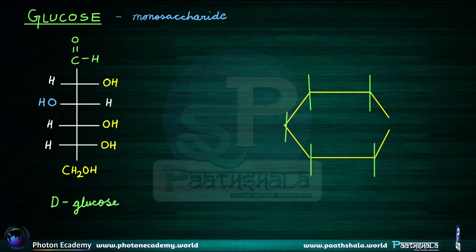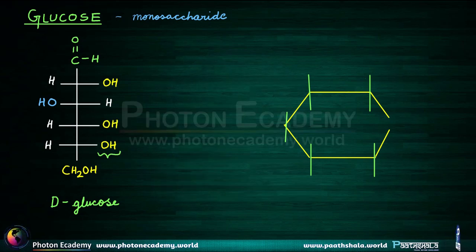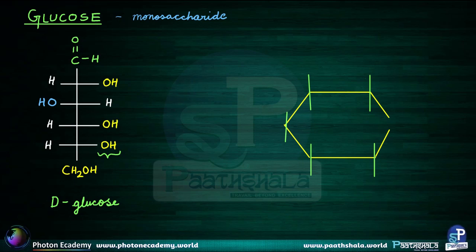What we remember from the previous lessons is that the functional group is at the top, with the most oxidizing group at the top and the most reducing group at the bottom. So the OH on the last chiral carbon, if it lies on the right hand side, gives me a D configuration. So that is how I get D glucose.